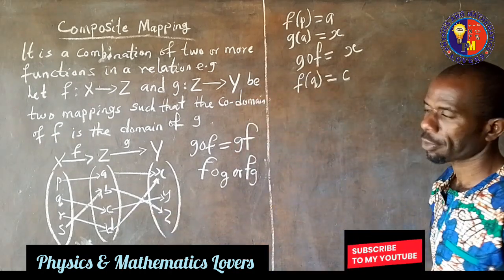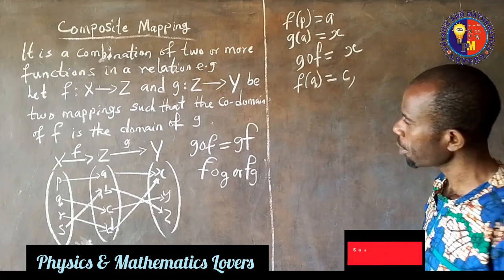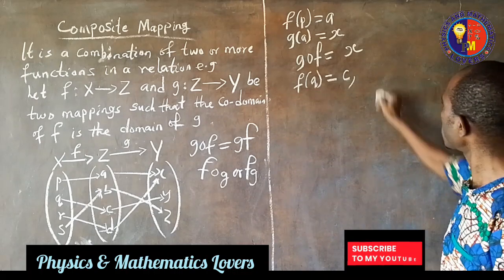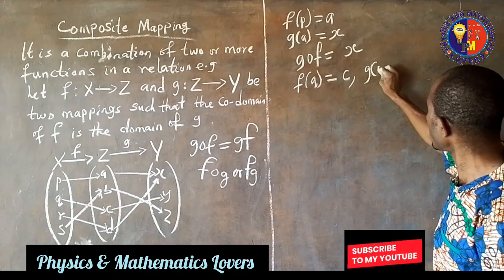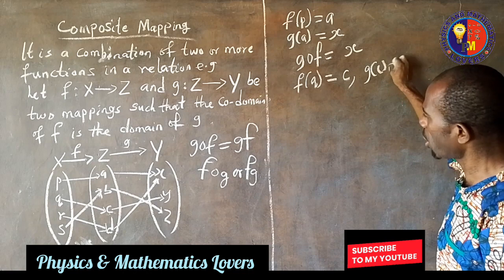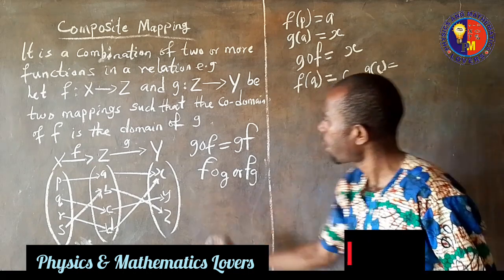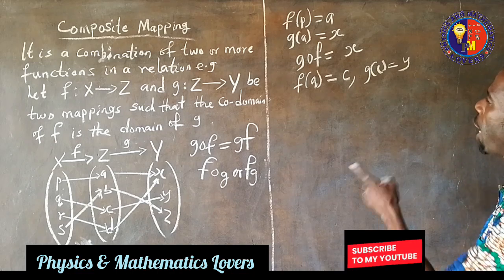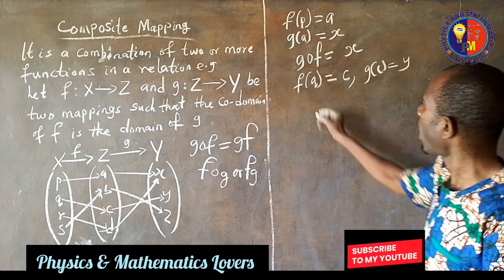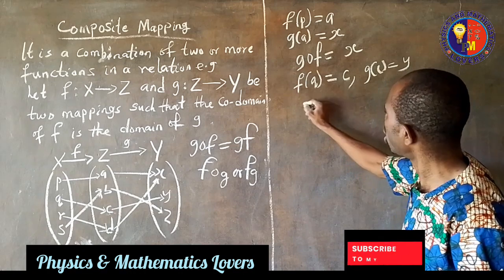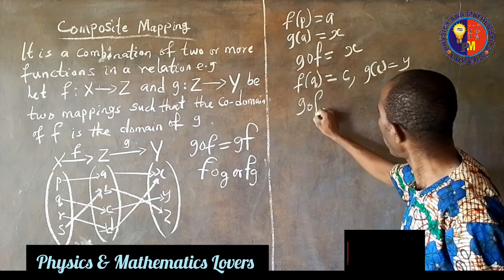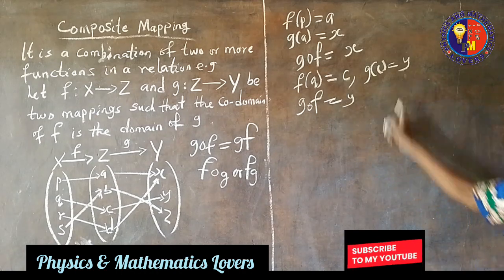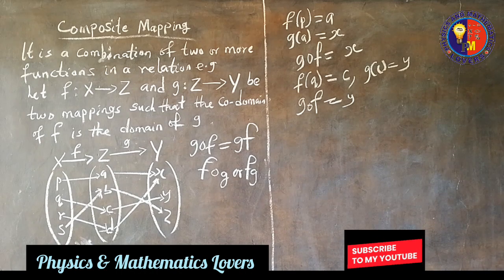In the same vein, g also takes c, so g of c produces y as the image. So if I want to write this in composite form, g o f will give me y. This is the image of the composite function.